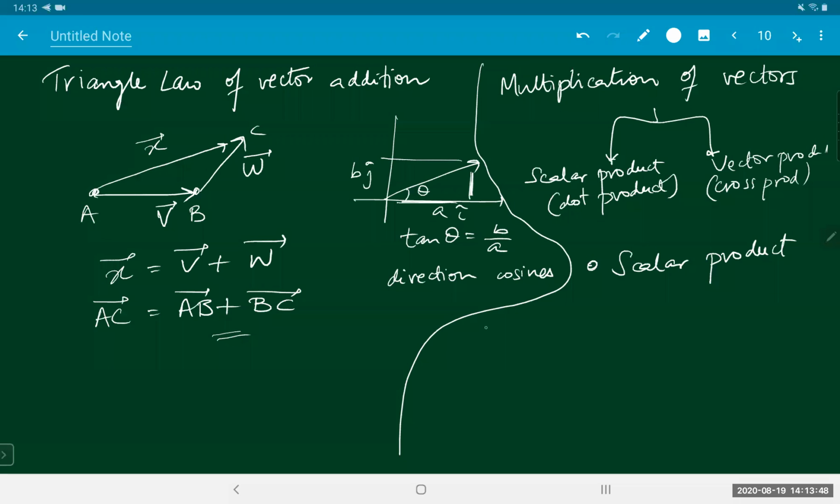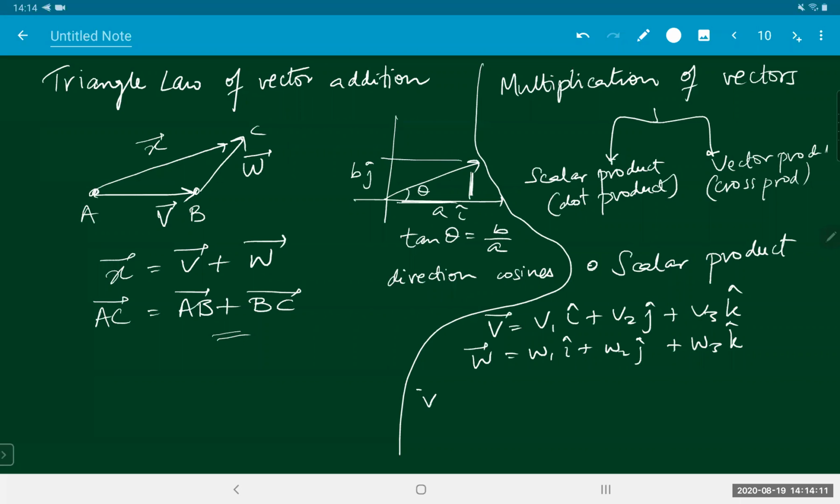And there are 2 ways of defining it. If I have V, which is V1 i plus V2 j plus V3 k, and I have W, which is W1 i plus W2 j plus W3 k, and I want to find the scalar product of these two, then I write V dot W is V1W1 plus V2W2 plus V3W3.